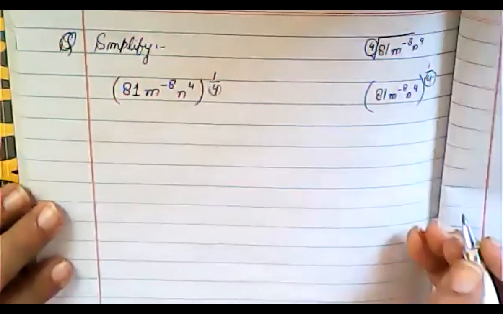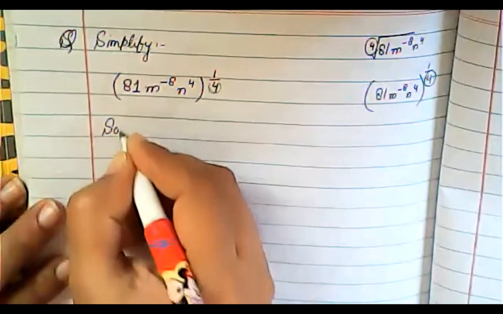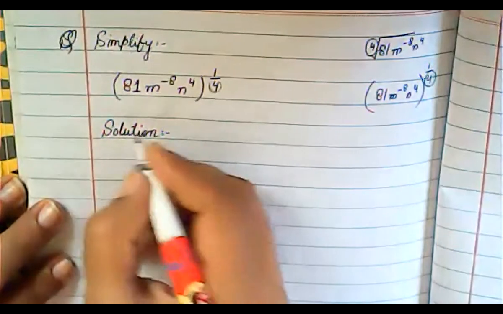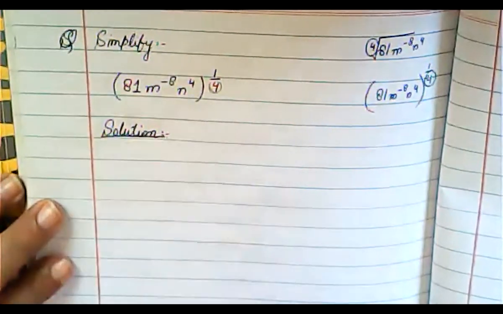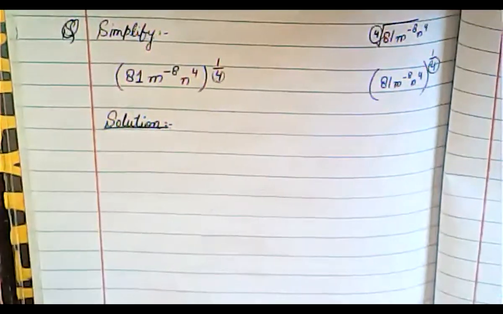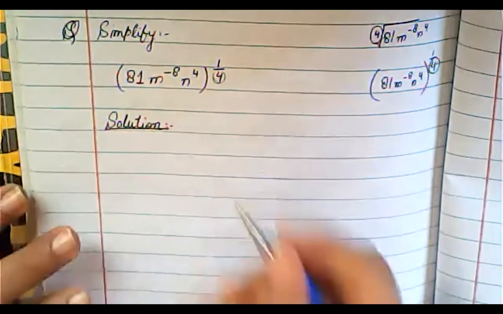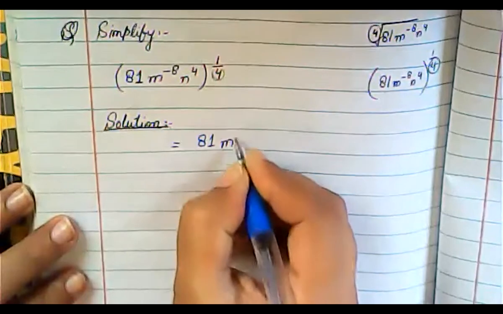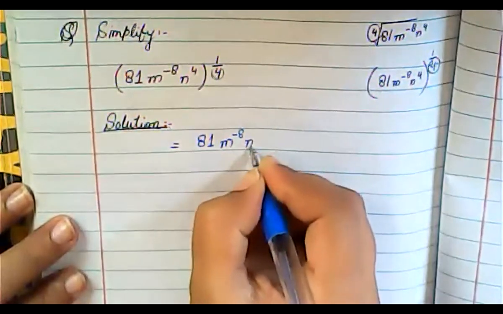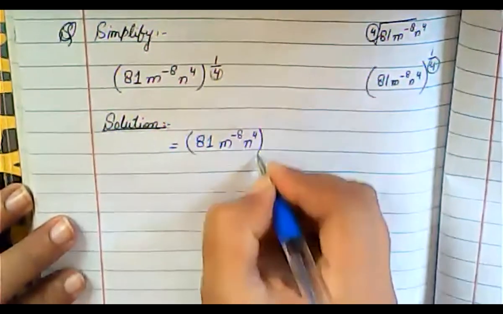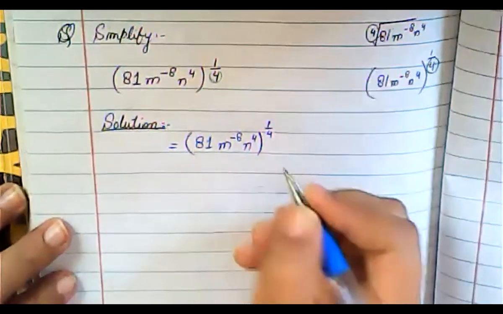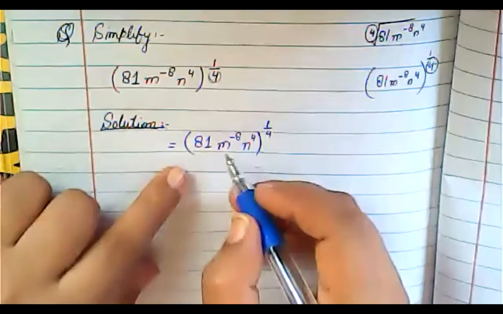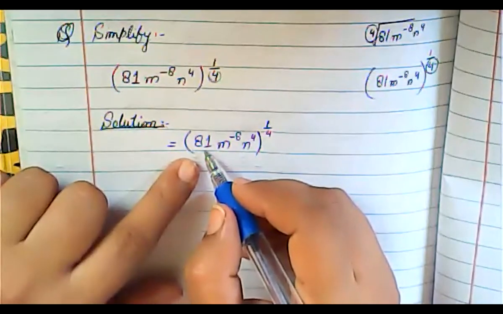You will write down the heading of solution here. Now what question is given to you? The question here is 81 m minus 8 n 4, power 1 upon 4. This is the index, which means you have to take the fourth root of 81.